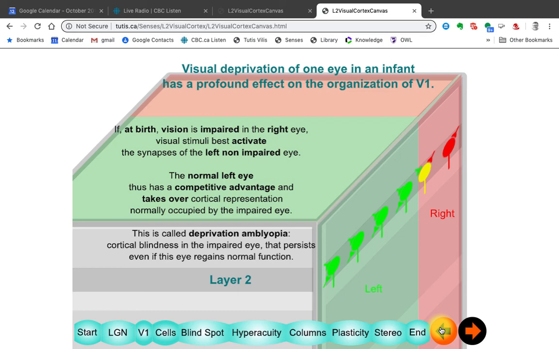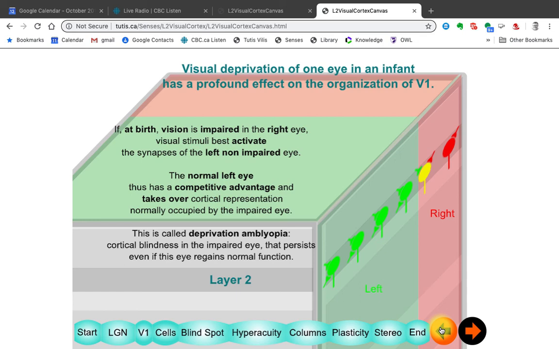And what's happening in your cortex during this developmental period is there's a war going on for representation in your cortex. So all your ganglion cells are sort of fighting for space in your cortex.